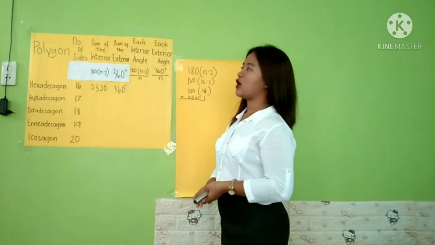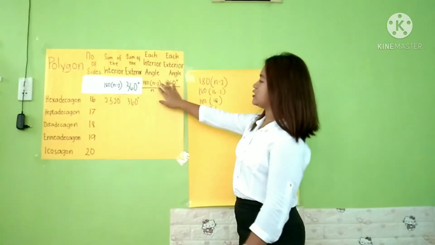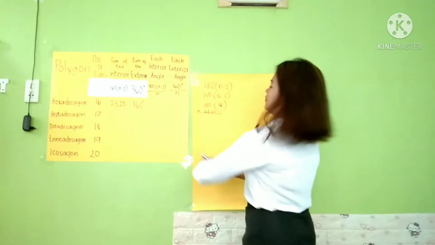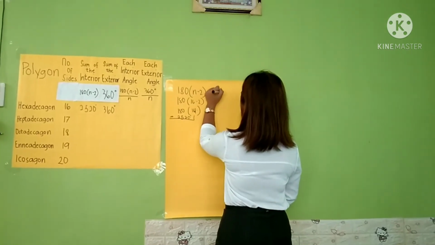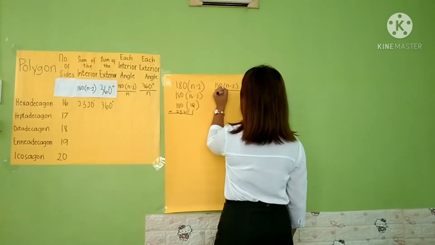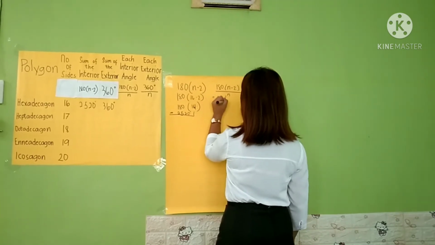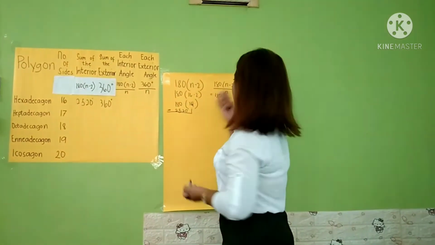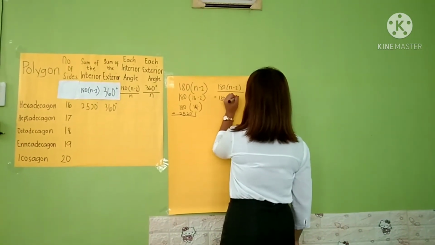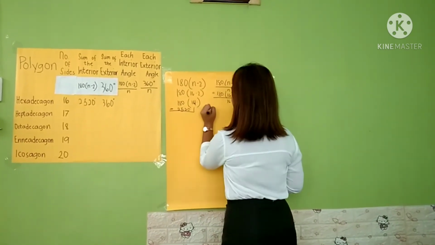Then we will solve each interior angle. The formula is 180(n - 2) all over n. We know that n is the number of sides, which is 16.